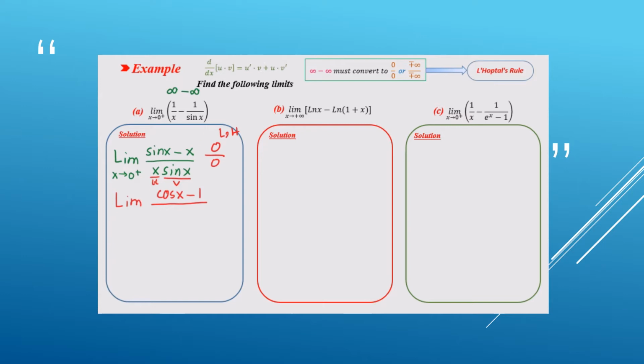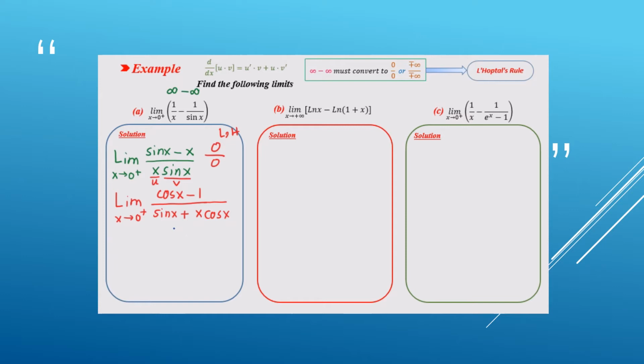So you have to find u prime, which is 1, multiplied by v, which is sine x, then plus u, which is x, multiplied by v prime, which is cosine x, when x goes to 0 from the right.